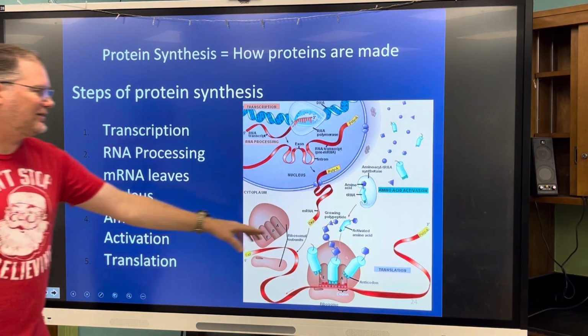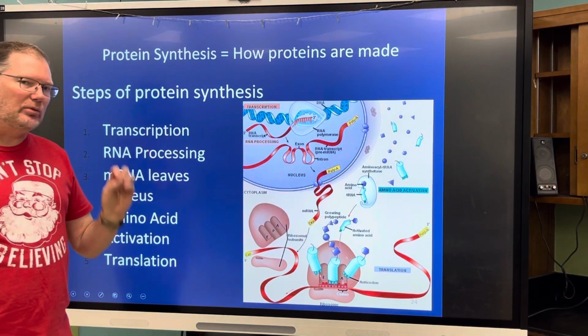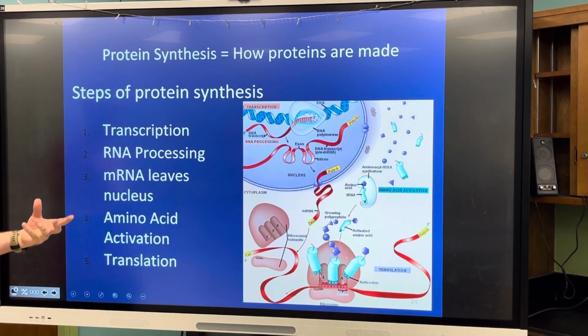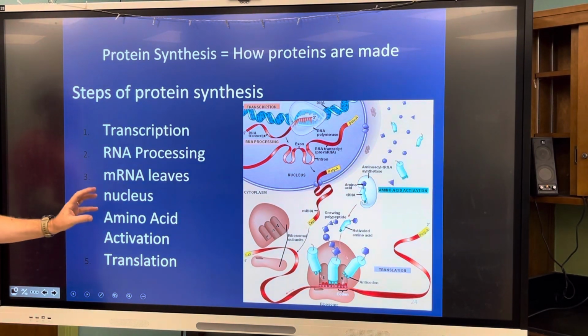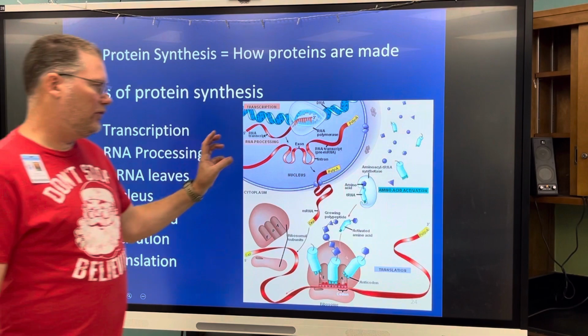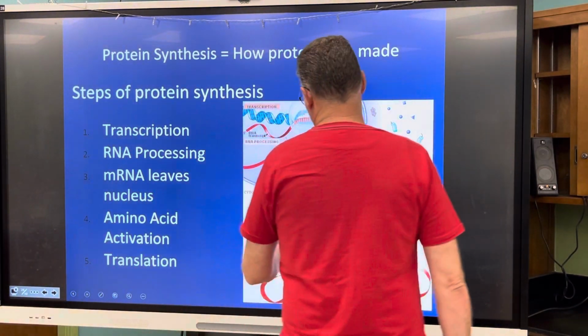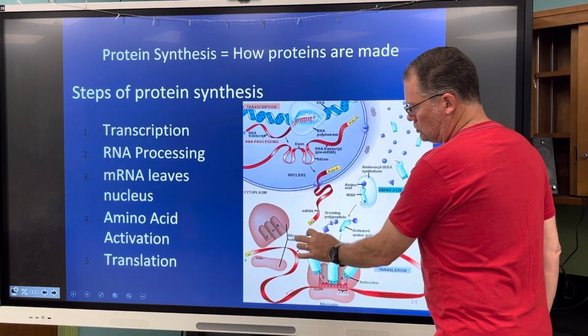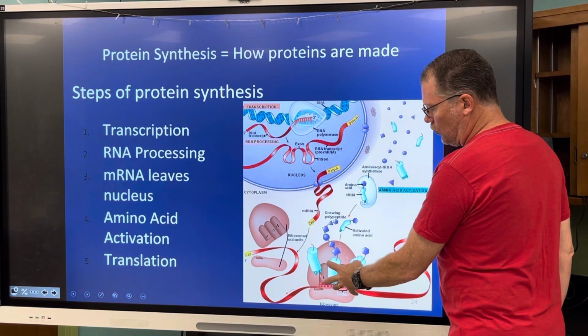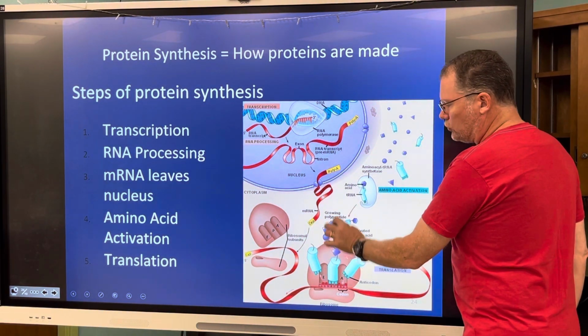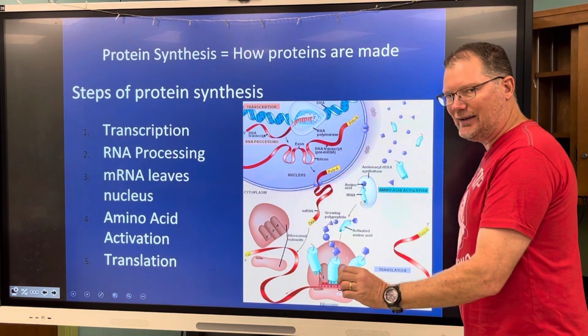Then the amino acids, remember those are the building blocks of proteins, they're activated, and then this message tells the ribosome what order to put the amino acids in.